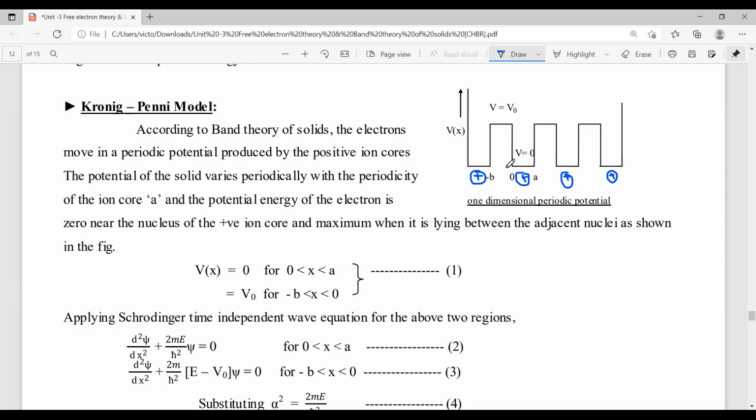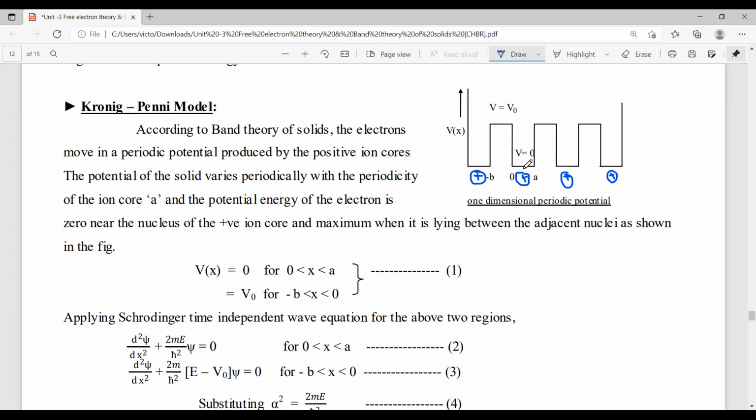Now, the electrons move in a periodic potential produced by the positive ion cores. That means, as the electron moves towards the nucleus, its potential gradually decreases, and between two positive ion cores, the potential of the electron is maximum.